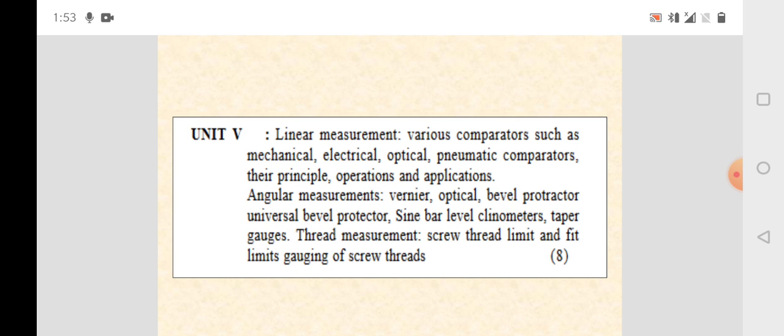These are the sort of gauges with the help of which we can get the dimensions of the parts to be checked, and readily compare them with the master dimension, that is the basic size. So whether it is within the acceptable limits or not, we can check very readily with the help of these instruments.